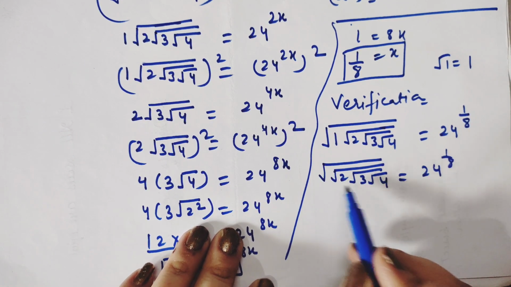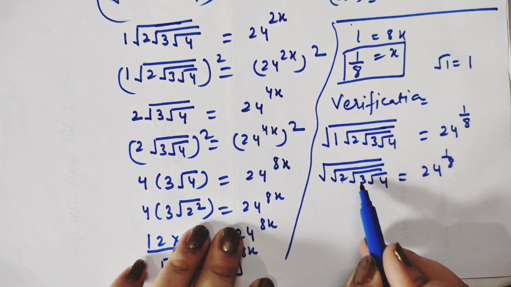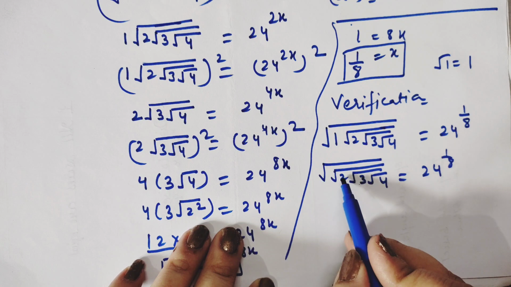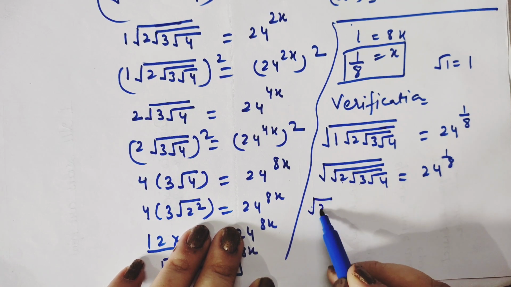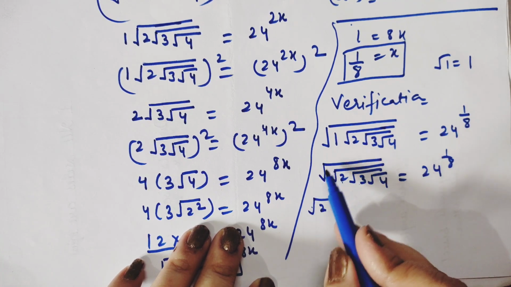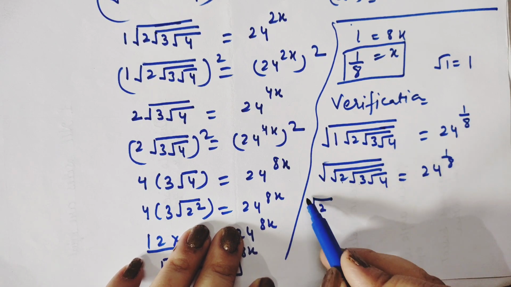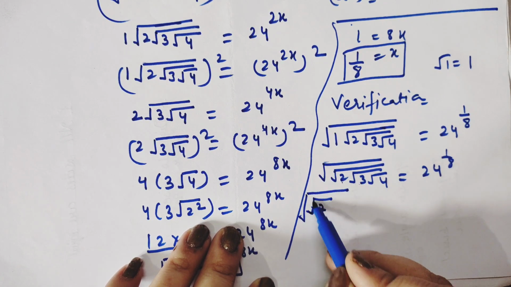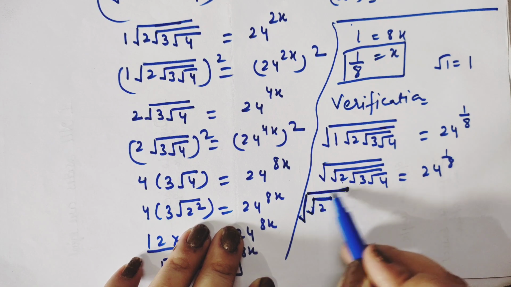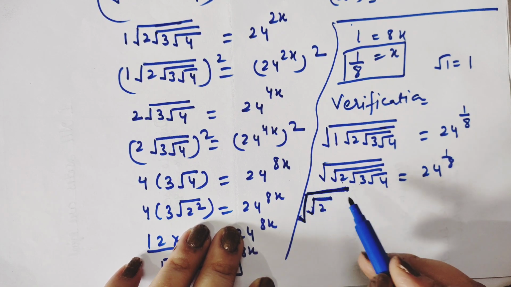After that we will split each term: root 2, root 3, root 4. This root 2 is the whole root, and we will write this root 2 with root 2 above it also.